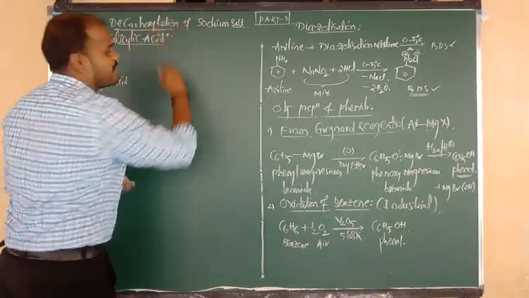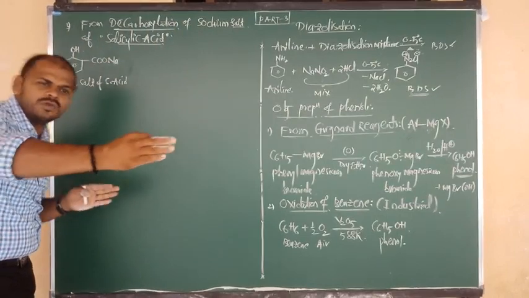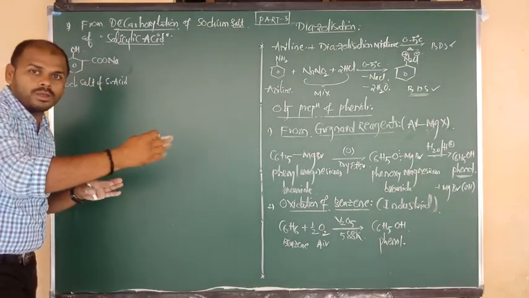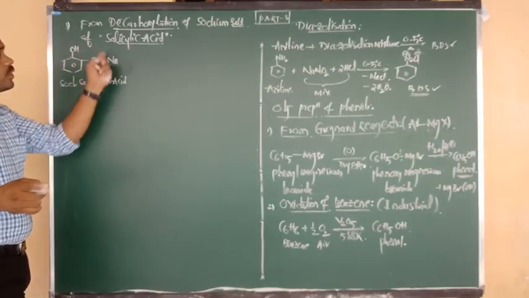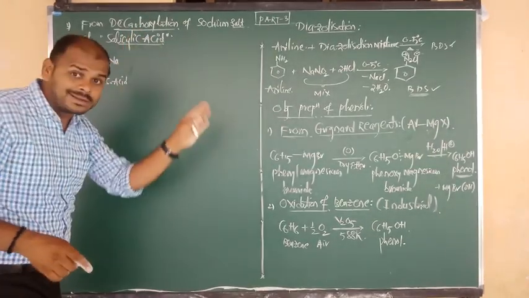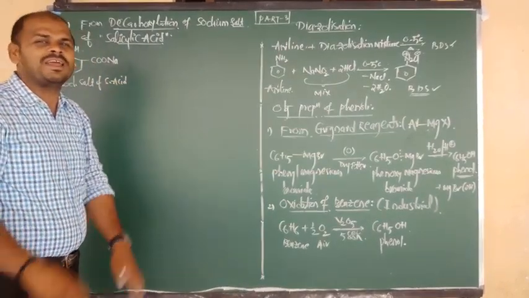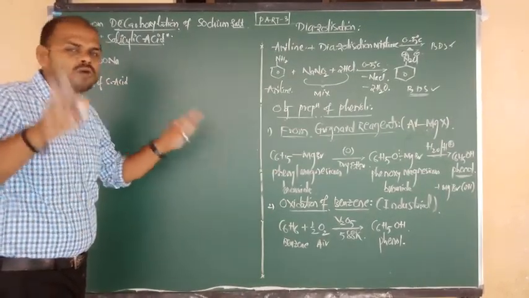What is meant by decarboxylation? Removal of CO2, this COO we have to remove. But decarboxylation takes place in the form of Na2CO3. In first year I have told you a number of times.